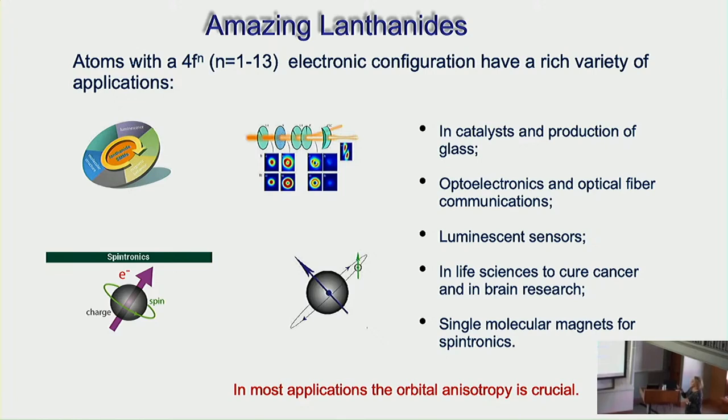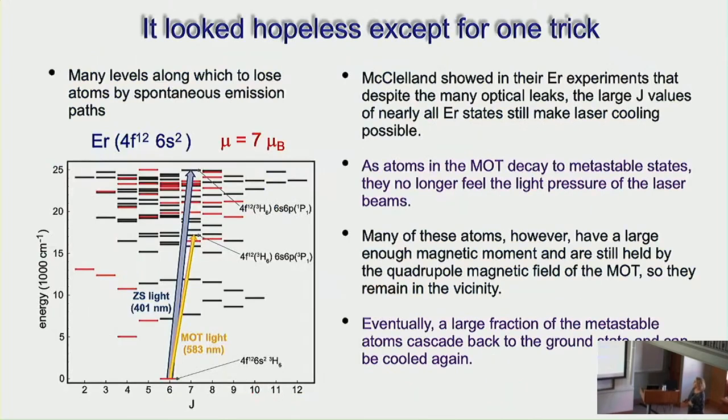They have, as they call, an unfilled f shell, and a rich variety of applications: as optical elements, in catalysis, electronics, sensors, life science, and single molecular magnets for spintronics, one of the latest studies of interest. In all these applications, orbital anisotropy is crucial. That's why they are used.